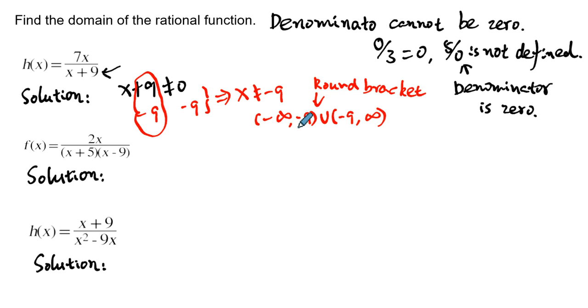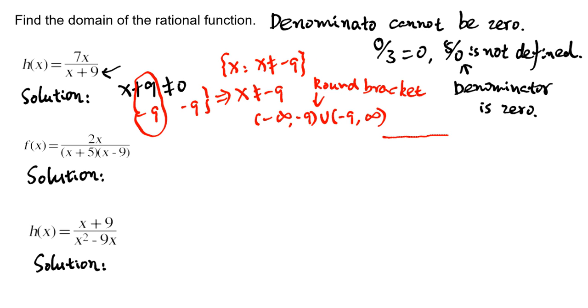If you use the set notation, x is the representative element. Sometimes you use a colon, sometimes you use a vertical line. So x cannot be negative 9. There are many ways.